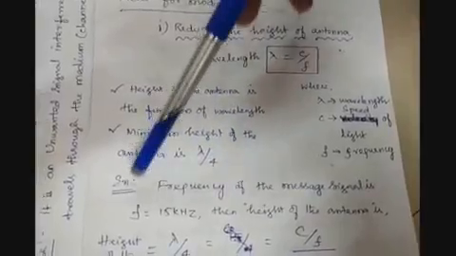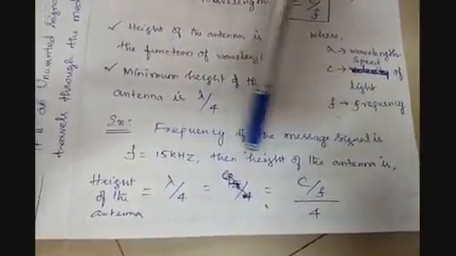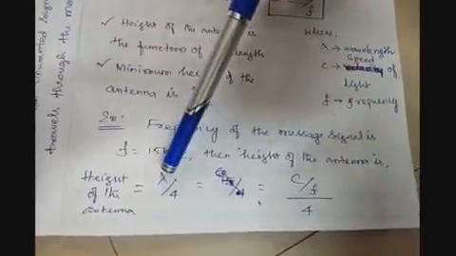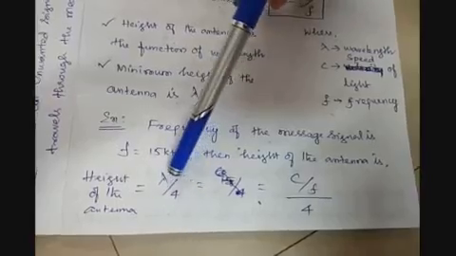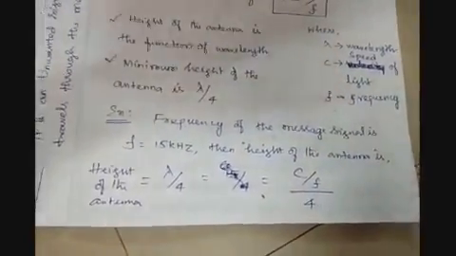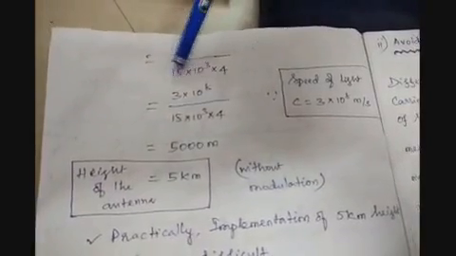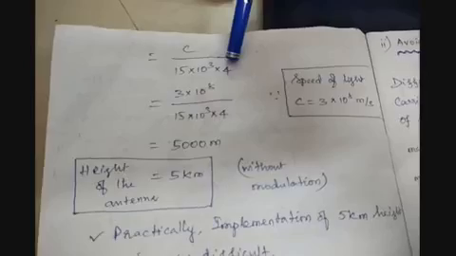The height of the antenna is directly proportional to lambda by 4. Let's take an example. Suppose the frequency of the message signal is 15 kilohertz. The height of the antenna will be lambda by 4, and lambda is c by f, so c by f by 4, with f equal to 15 into 10 power 3, into 4.